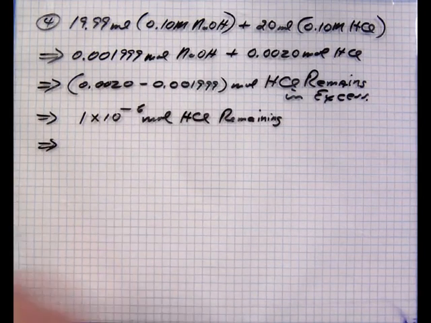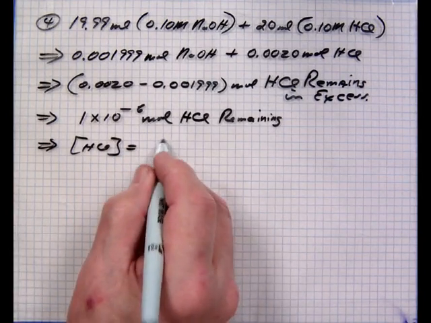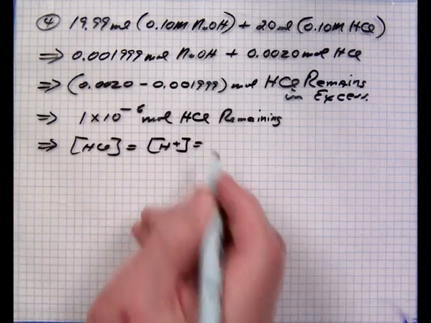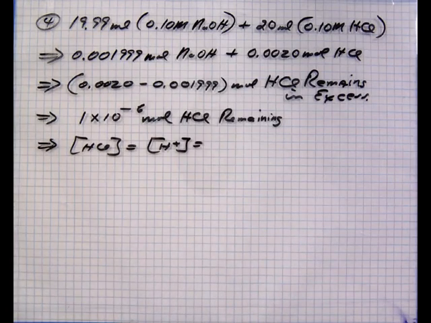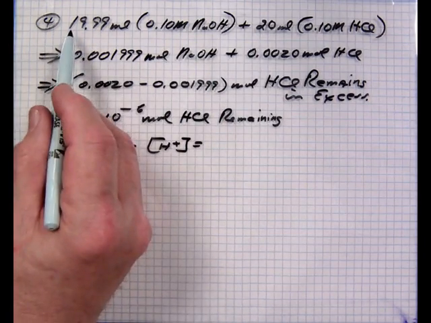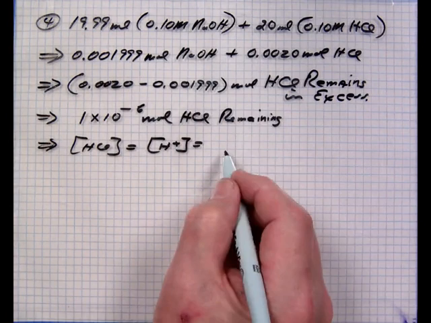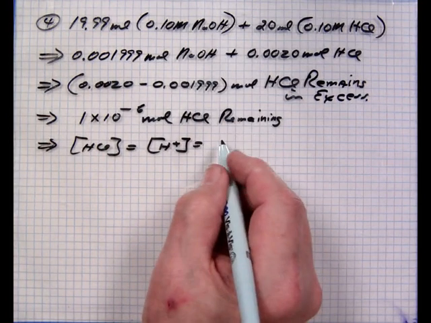So converting to molarity, as we have in the last titrations, we divide by 39.99 milliliters, or convert to liters.